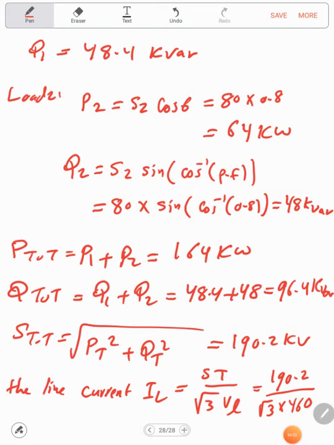If we do the math, this will equal 238.7 ampere.